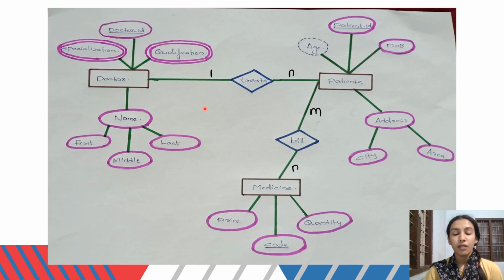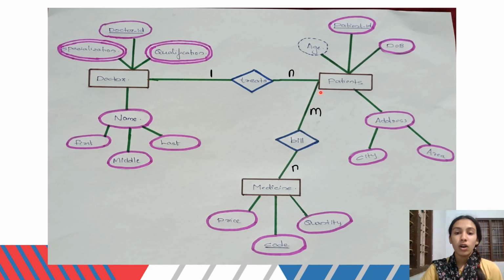And when we talk about the relationships, we can talk about the cardinality. Here doctor and patient have a one-to-many relationship because a doctor can treat many patients.